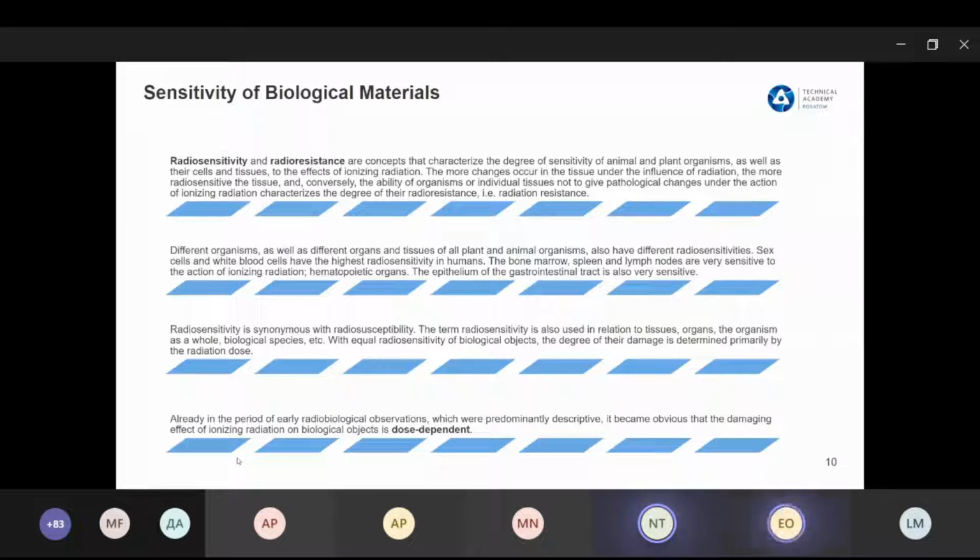Cellular radiosensitivity is an integral characteristic of a cell that determines the probability of its death after exposure to radiation. Radiosensitivity is synonymous with radiosusceptibility.